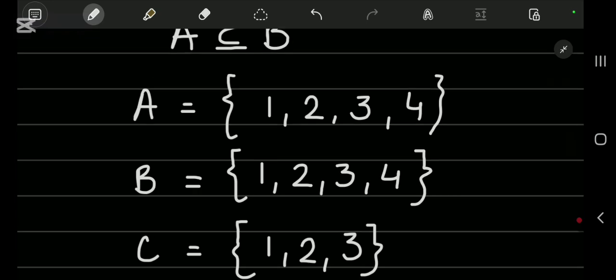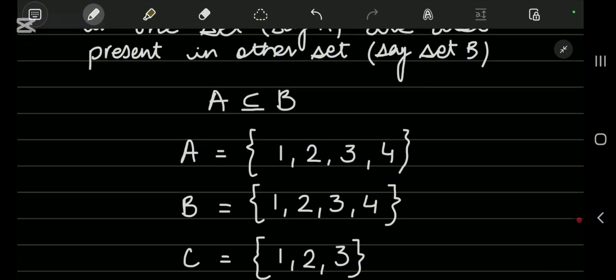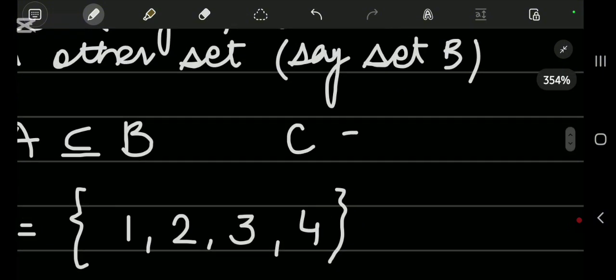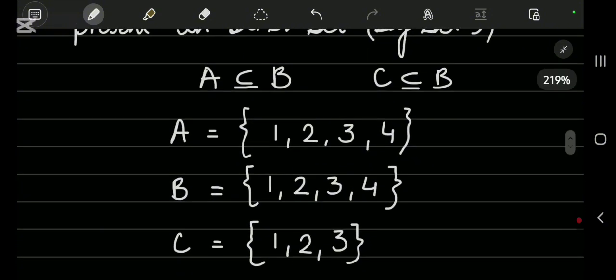So A is a subset of B and C is also a subset of B, because all the elements in set A are in B and all the elements in set C are also in B. So we can say these both sets are subsets of B.